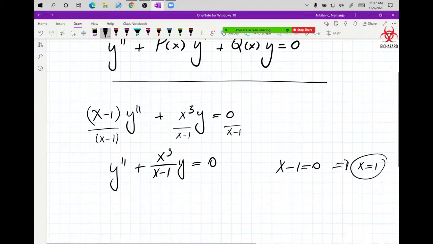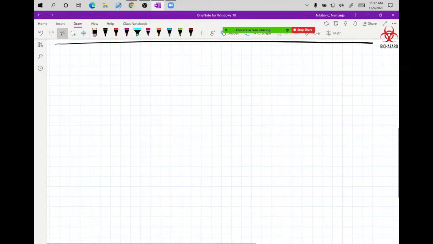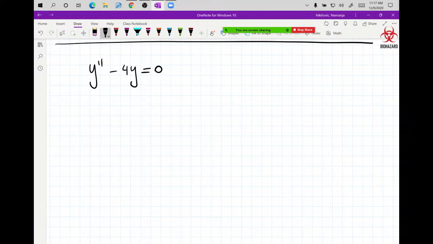So let's take a look at what we are dealing with in terms of the equations. We're going to start with y double prime minus 4y equal to 0.